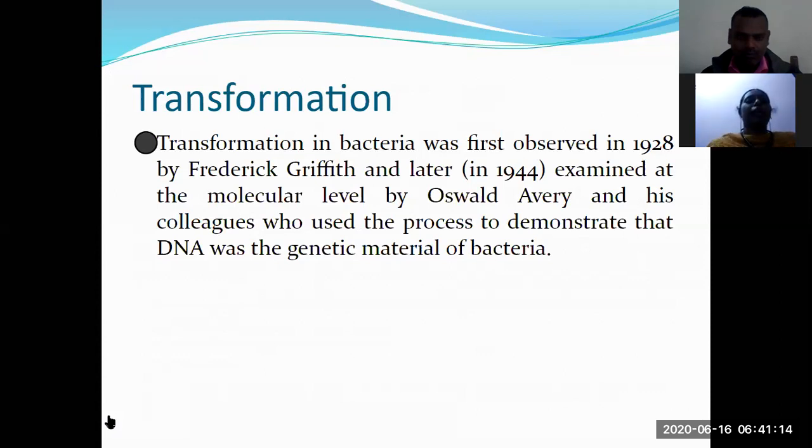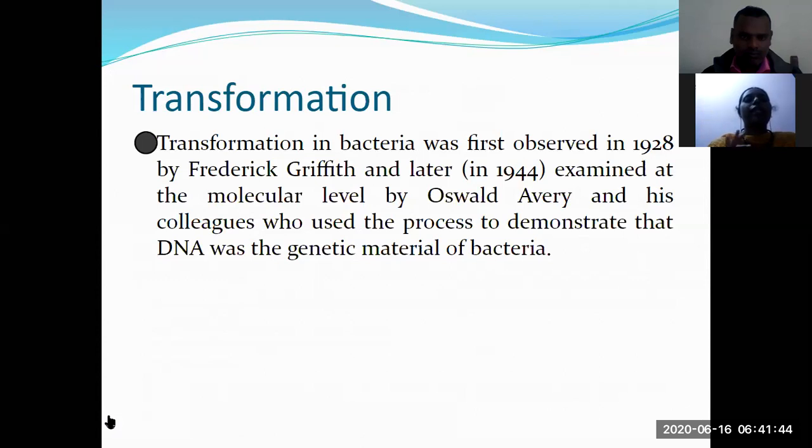You see, many research is going on still now. What is the genetic material for coronavirus? What is the genetic material for recently arising viruses, bacteria? Still now, there is a demonstration going on, where the first demonstration for confirming the genetic material in bacteria is transformation, and it was done by Griffith.